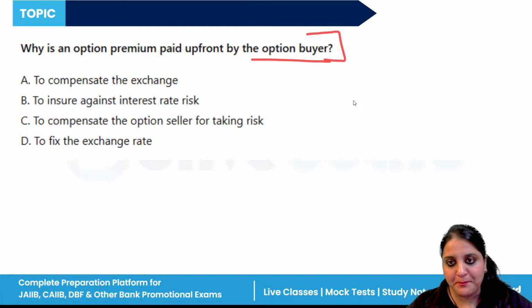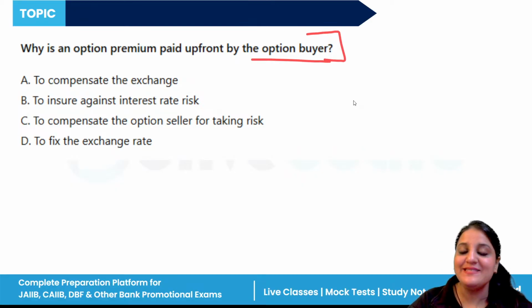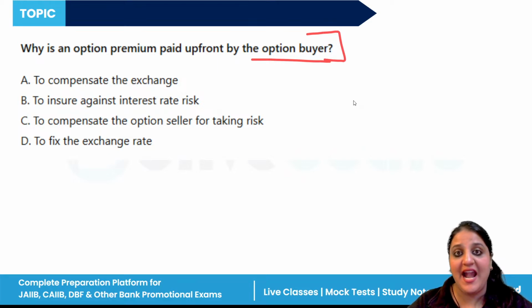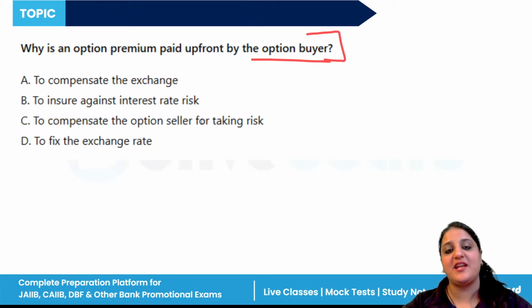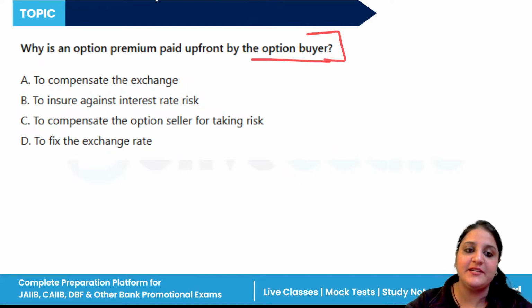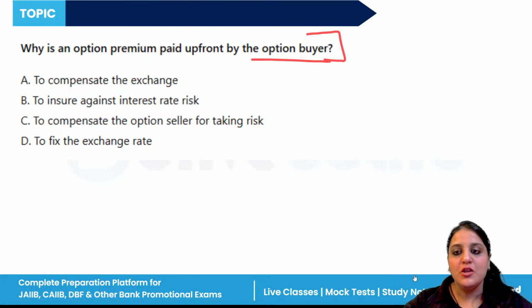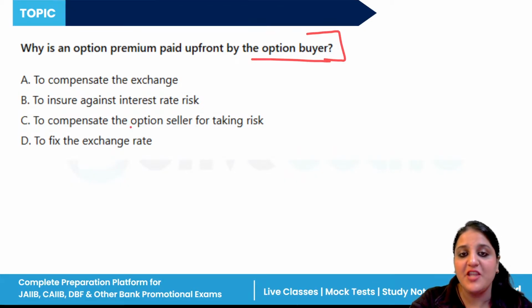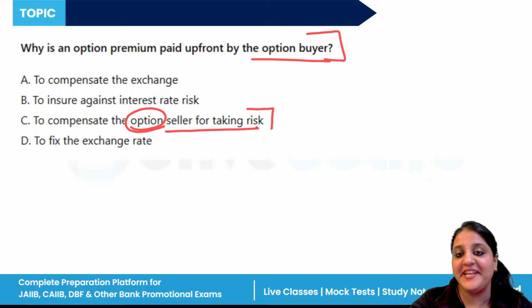And spot price or market price is the current price at which the asset is actively traded, fluctuating constantly based on market demand. So the correct answer here is option C, to compensate the option seller for taking the risk. Option C is correct.